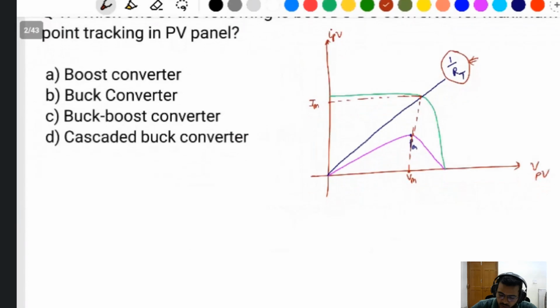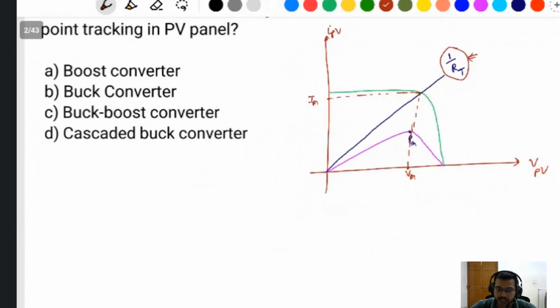But if your load does not match exactly, to match it we add a system like a DC-DC converter, to match the load impedance to the source impedance.